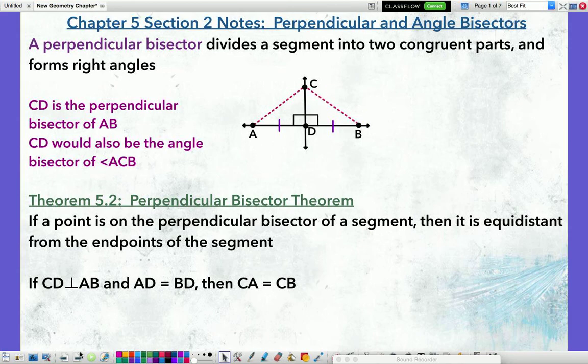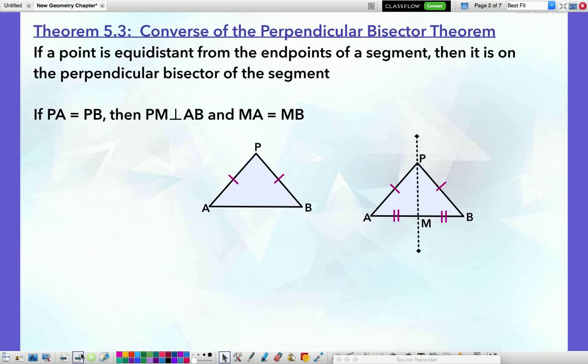Okay, so the converse says if a point is equidistant from the endpoints of a segment, then it's on the perpendicular bisector. So if PA is congruent to PB, then PM is the perpendicular bisector.